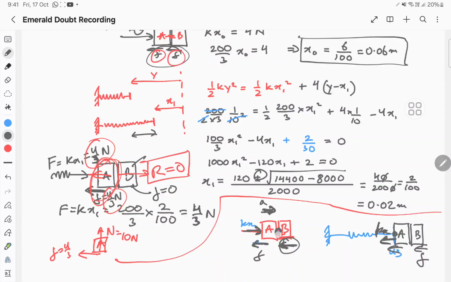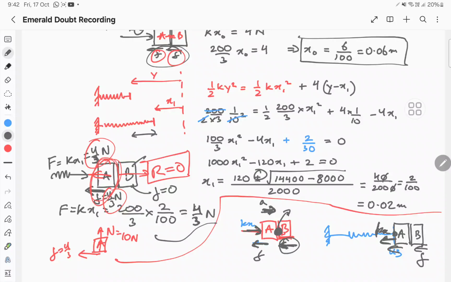So it is not possible that while there is a push there is no action reaction. There is action reaction while the push is happening and while the bodies are moving. If the body has stopped, then obviously there is no action reaction, as we have shown over here.